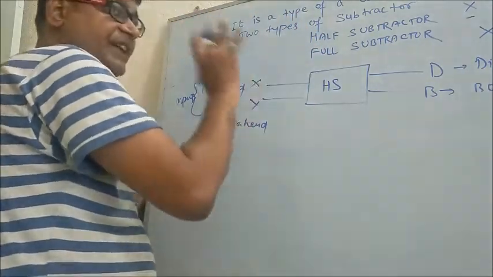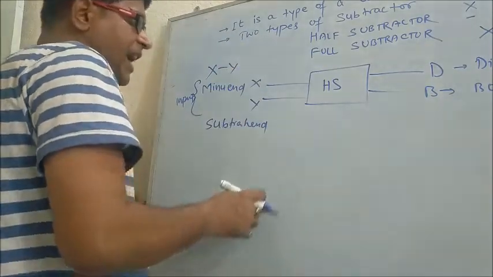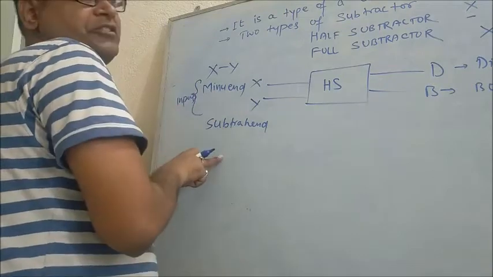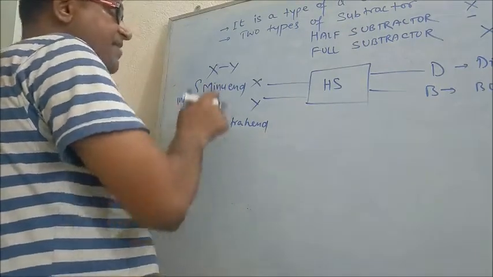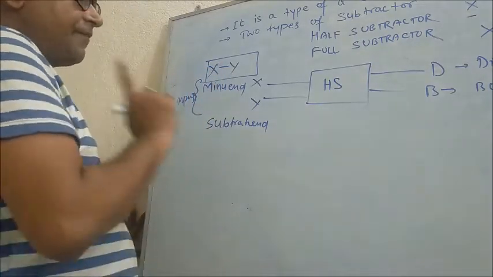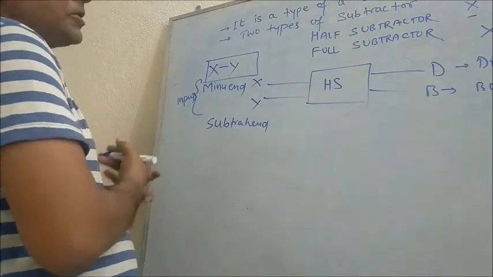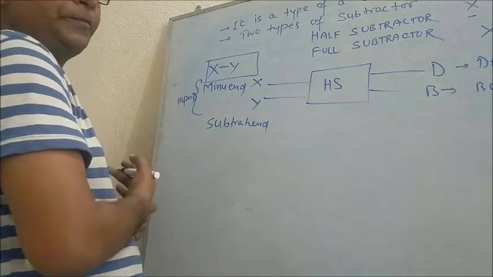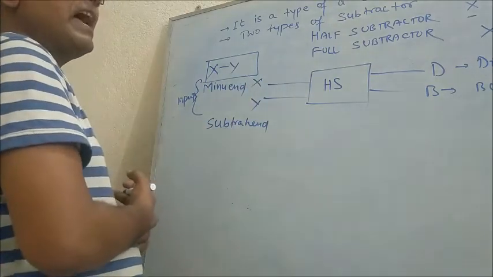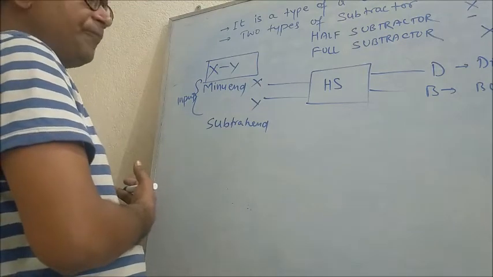It is not the circuit diagram, it is a block diagram in which we have 2 inputs: first input is minuend and second input is subtrahend. We are performing x minus y, and when we perform x minus y, we can have 2 types of output. First is difference and second one is borrow.